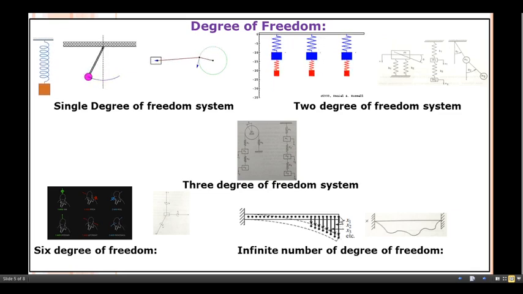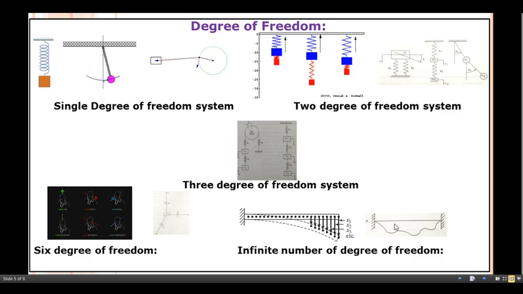If you focus on this particle, this one, this one, this one, we can get the x1 displacement for this particular particle, then x2, x3, x4, and onwards. So we can get an infinite number of displacements for the infinite number of particles available here.